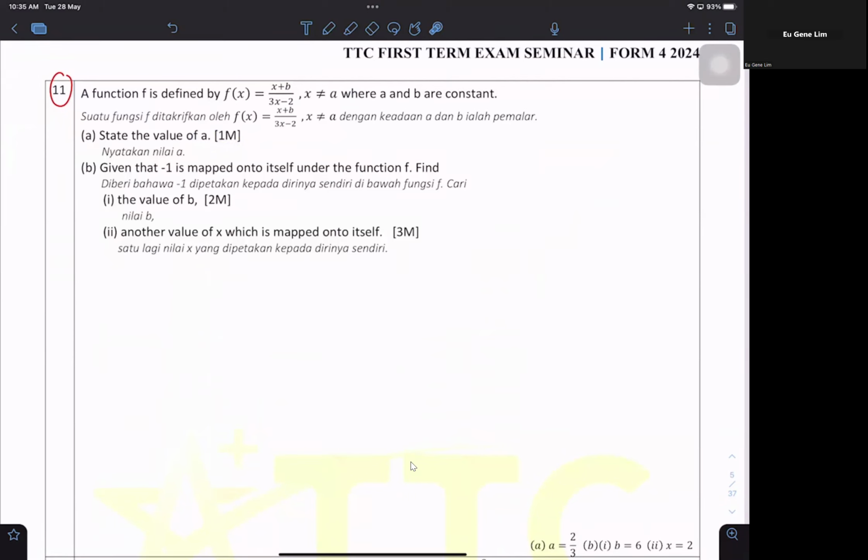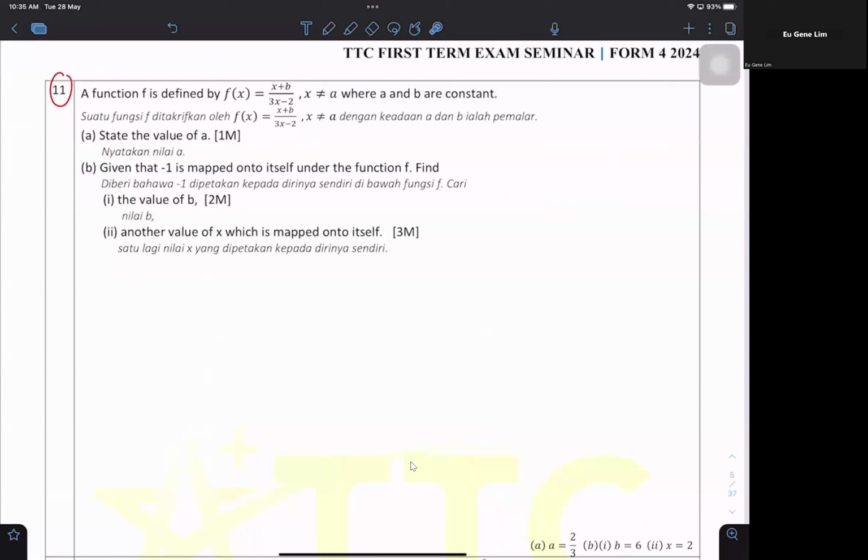Okay, got question. What does it mean by constant? Constant means a number. A fixed number. They say B is constant, right? So B is a number lah. Maybe B is 1, or so it's x plus 1 like that.